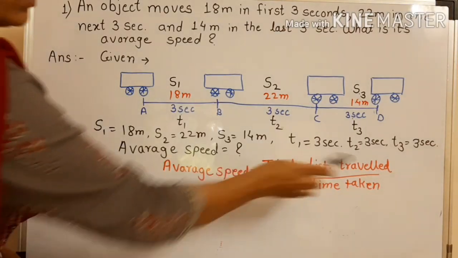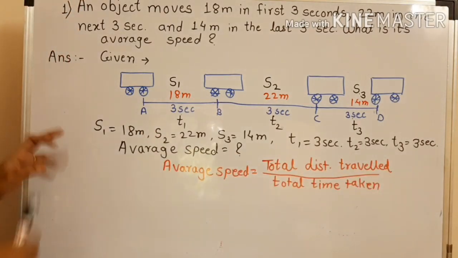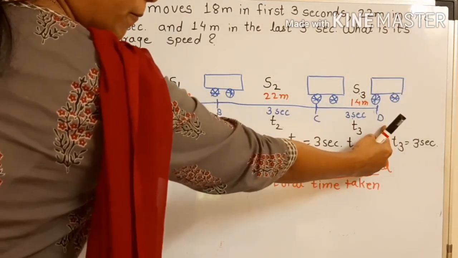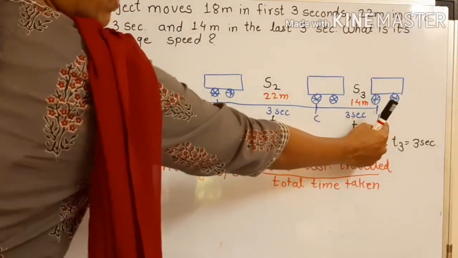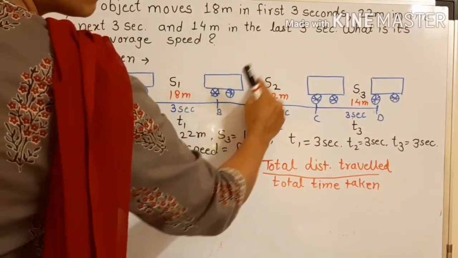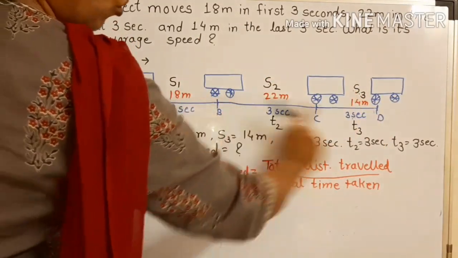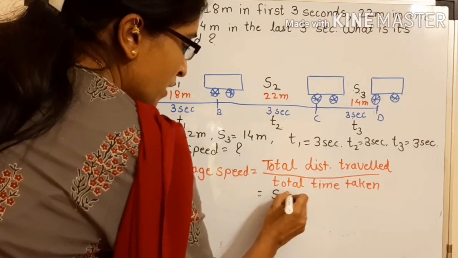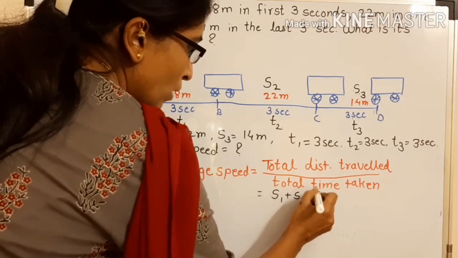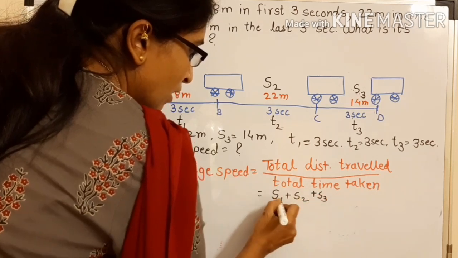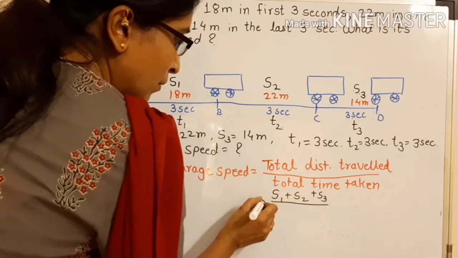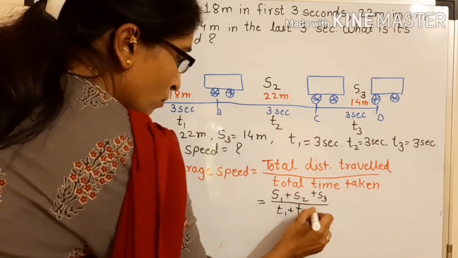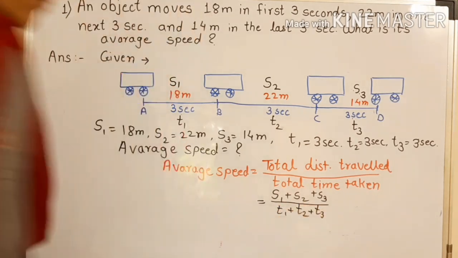How to find the total distance? Total distance means the object moves from A to D. Finally it reaches D, which means the whole distance it will cover: S1 plus S2 plus S3. And the total time is T1 plus T2 plus T3.